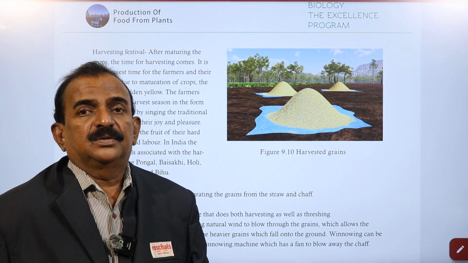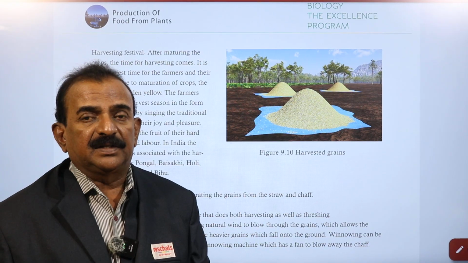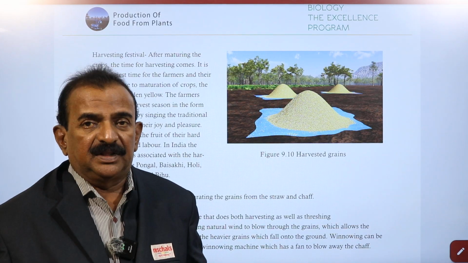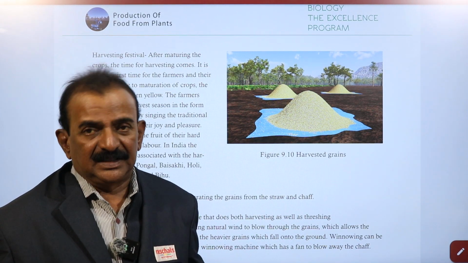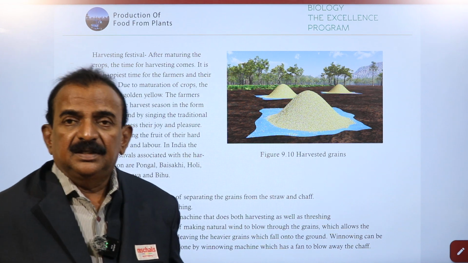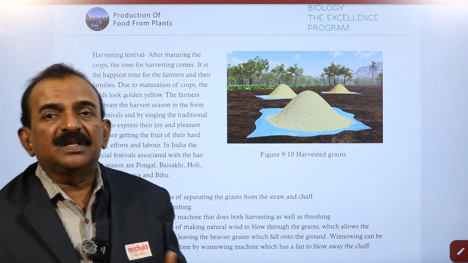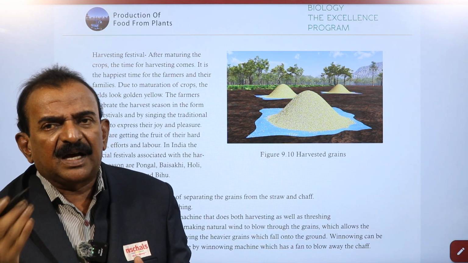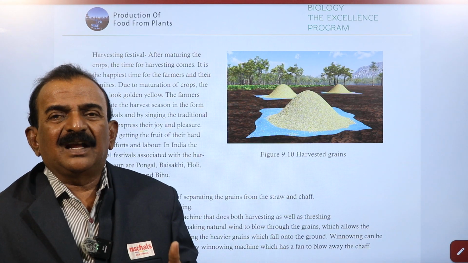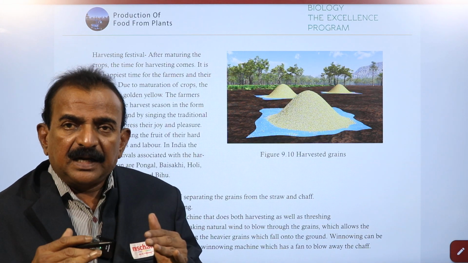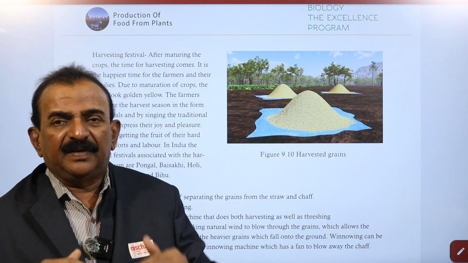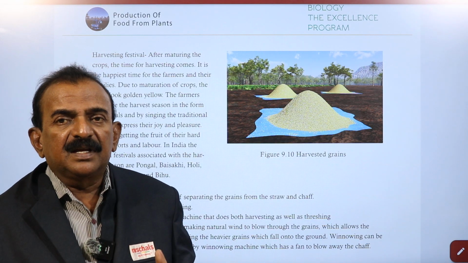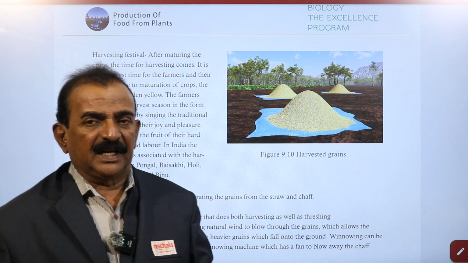In India we celebrate many festivals, and most festivals are connected with the harvest season. In Andhra Pradesh and Telangana, after the Kharif season, paddy harvests are done, and at the end of the harvest from the paddy, people celebrate a festival called Sankranti.